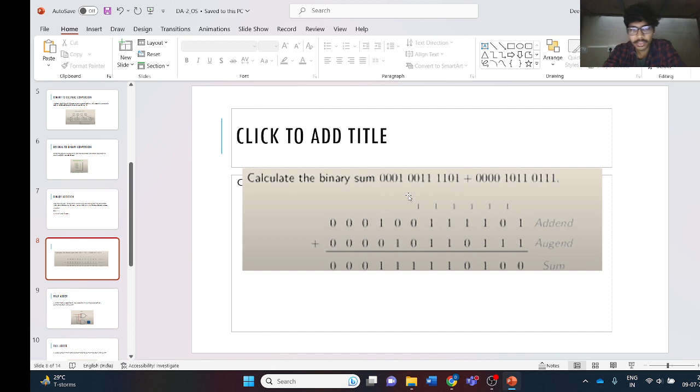We took 0001, 0011, 1101 and added these numbers. On the right-hand side, 1 plus 1 gives 0 and carry 1. Then in the second column, it becomes 1 plus 1, which gives 1 carry and 1 down. This is how the addition is done in binary numbers.